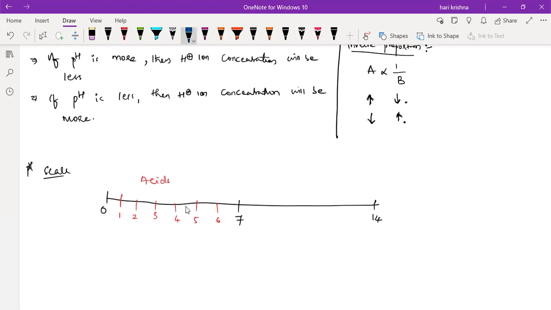Then 7 to 14 is basic, the base. So 0 to 7 is the acid and 7 to 14 is the base. Okay. So this is a pH scale.